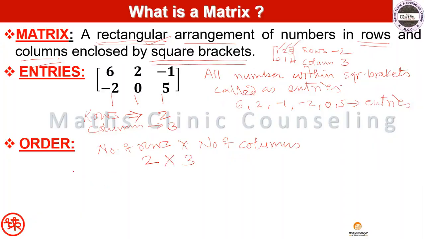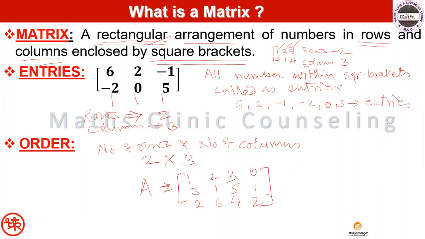A matrix is denoted by a capital alphabet. Let A be a given matrix. A equals, suppose I am writing 1, 2, 3, 3, 1, 5, 2, 6, 4, 0, 1, 2. This is the matrix I have written.